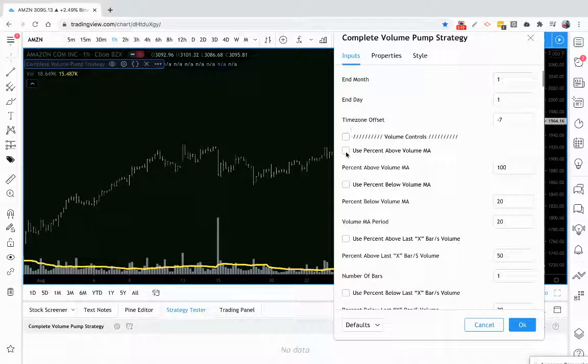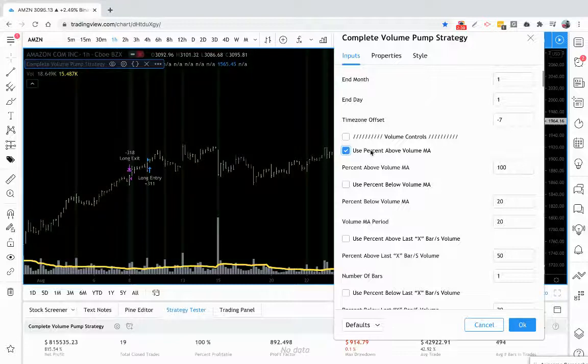I can just click here, and you can change this to any number you like, by the way. It can be 1%, 10%, 100%, 50%, 32.78%, whatever you want. I'm going to look for entries that are 100% above the volume moving average.